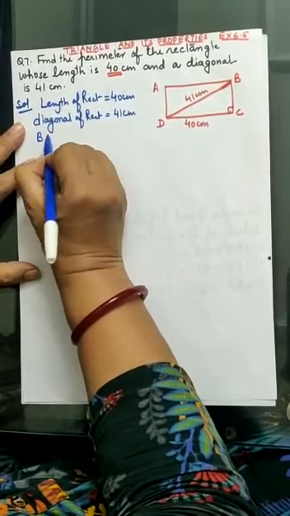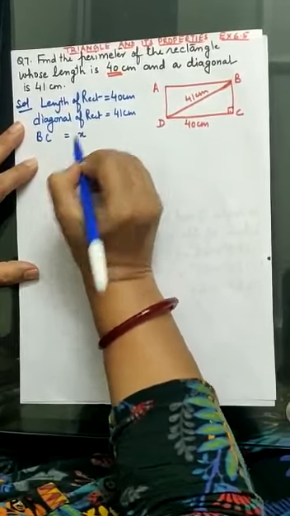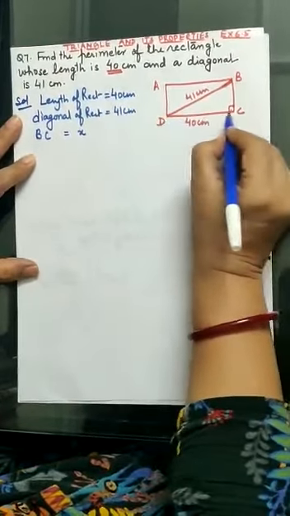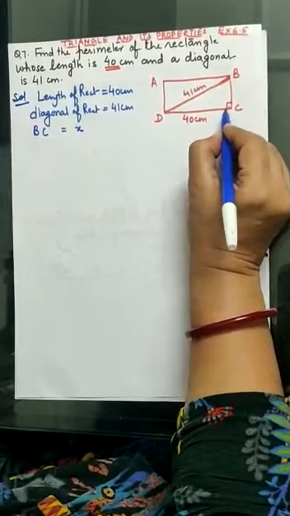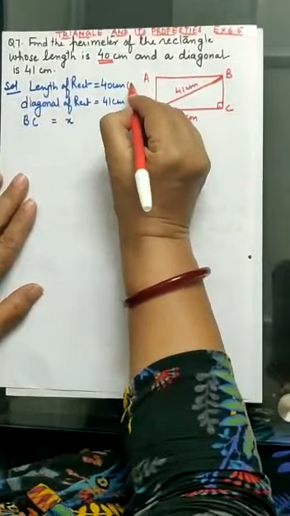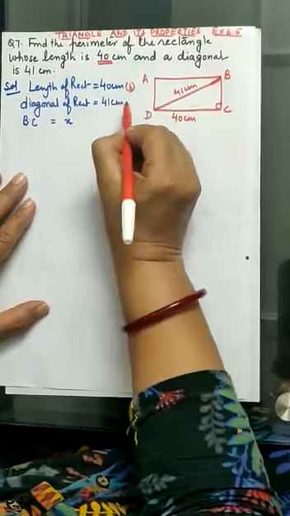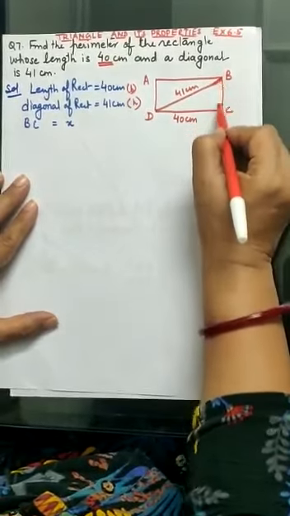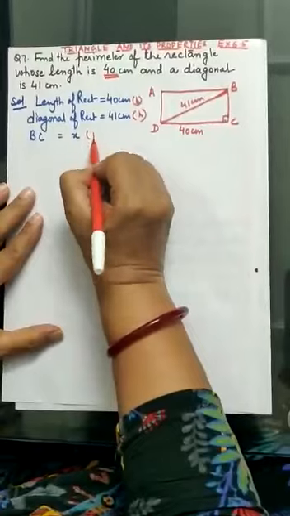Now BC we do not know. BC is, let us assume it as X, right? Now this 40 centimeter, what is this? This is the base, and this 41 centimeter, this is the hypotenuse, and this BC X, this is the perpendicular.